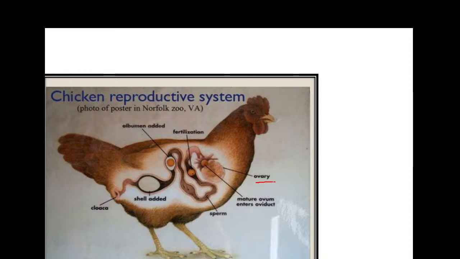Only the ovary and oviduct on the left side of the bird are developed, and this helps to reduce the weight of the bird, and that is actually a flight adaptation of birds.